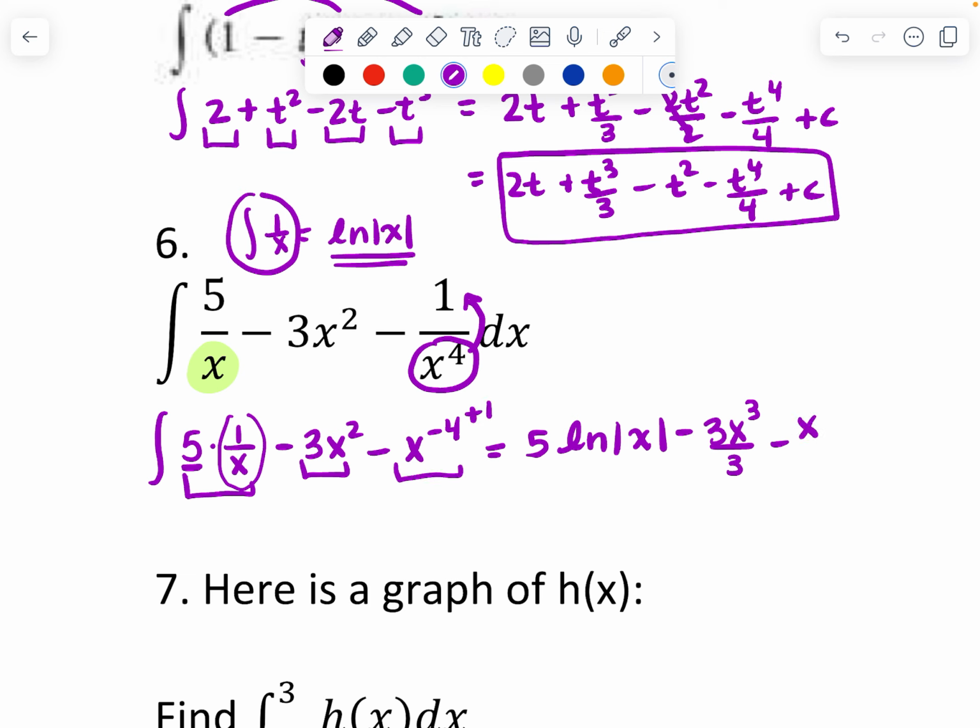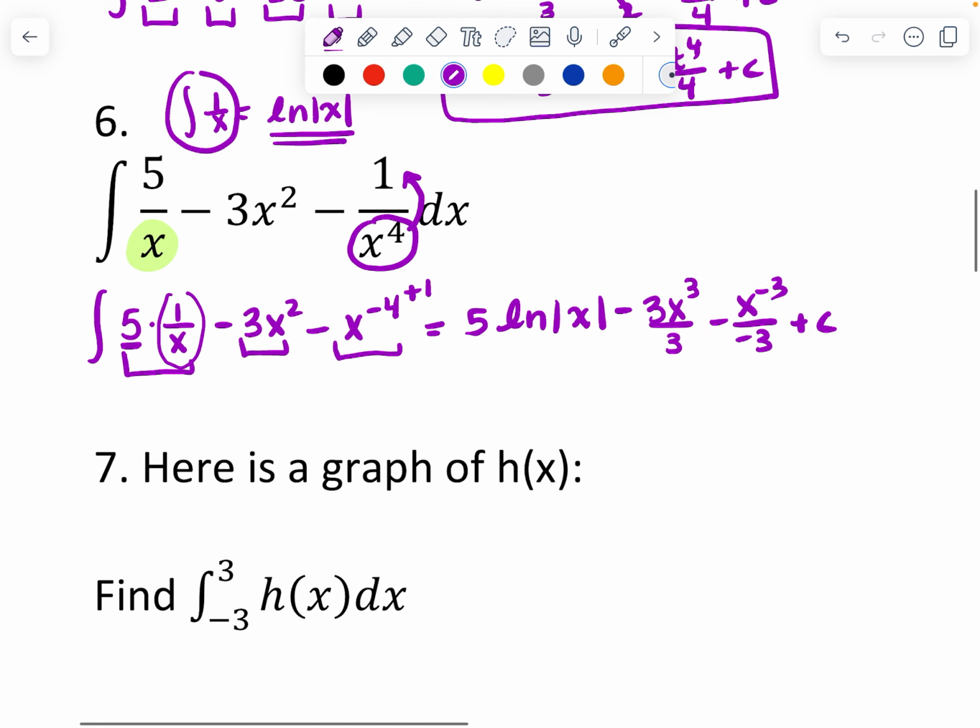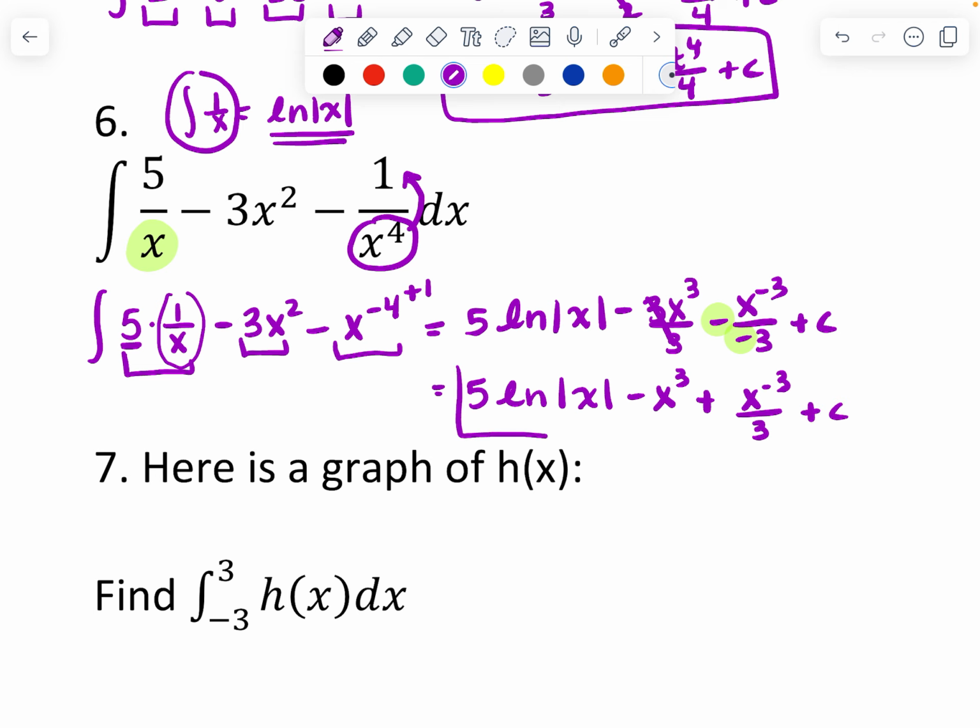That's going to give us x to the negative 3 all over negative 3 plus c. So let's do a little bit of cleanup. So this is 5 ln of absolute value of x. These guys cancel out, so I get minus x cubed. A negative and a negative here are going to make a positive x to the negative 3 over 3, and then plus c. Okay.